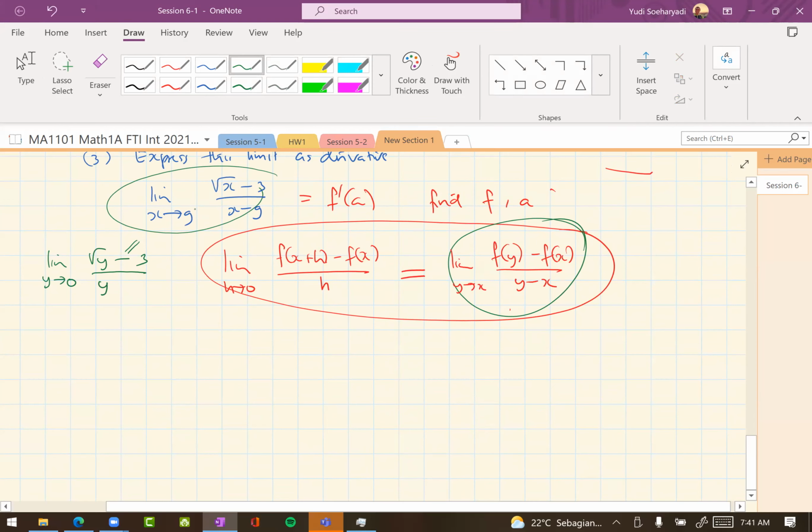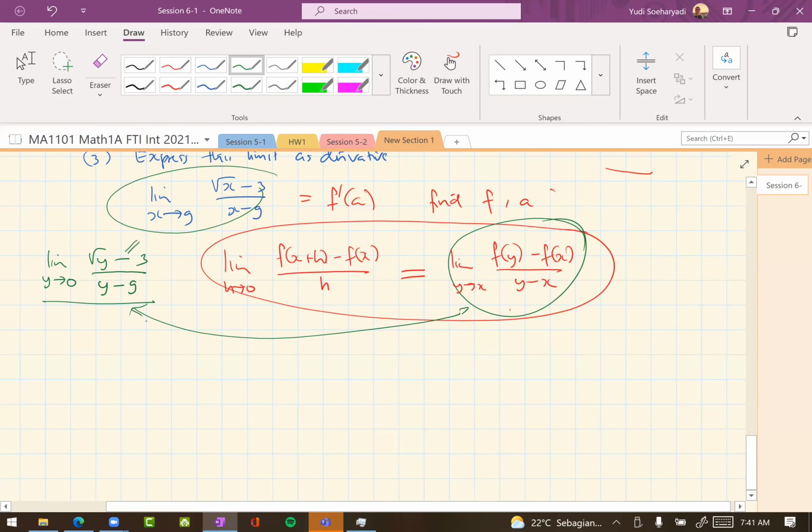So you're just replacing x by y. Nothing prevents you from doing this, because the name of the variable is just a dummy variable, right? So you can change it to anything. This makes it clearer how to relate this and this one.